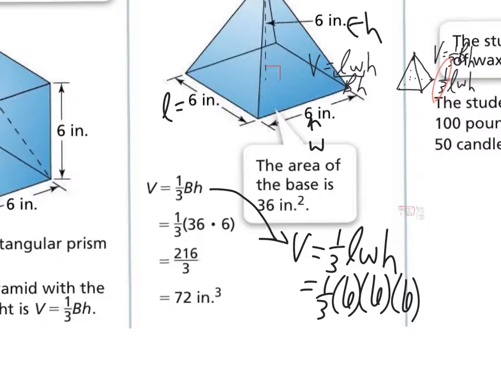So multiplying the 6's together is 216. You could put the 6's over 1's, and then if you multiplied straight across, you would get 216 over 3. And then if you divide that out, you get 72. So 72 cubic inches would be the volume.